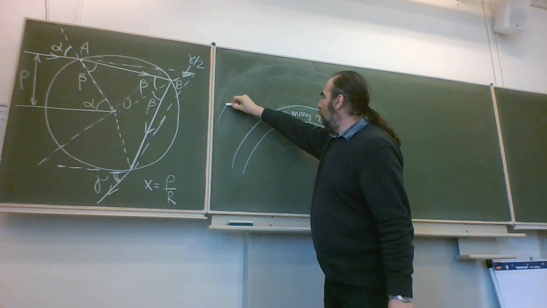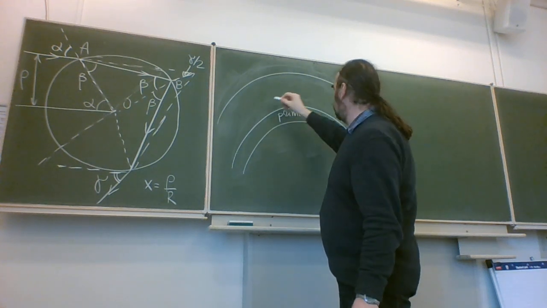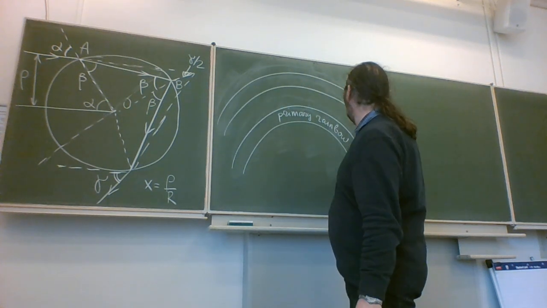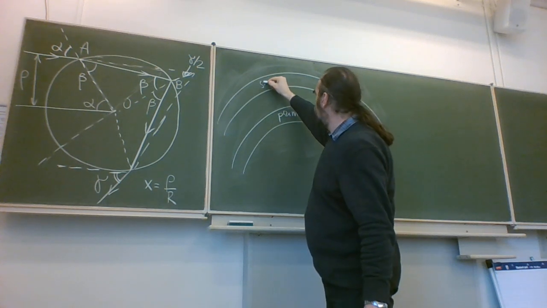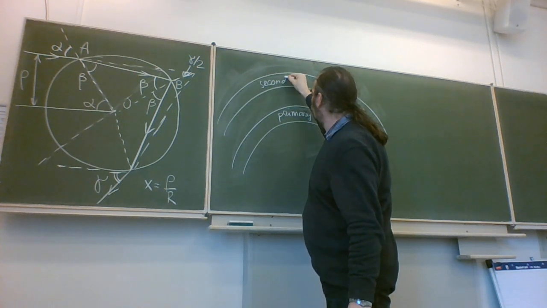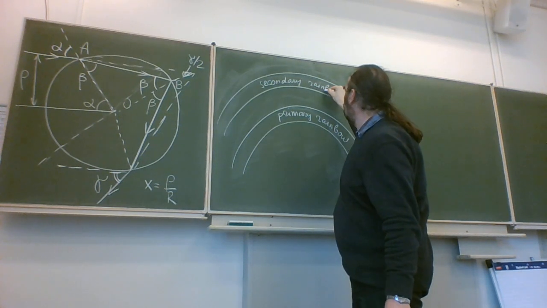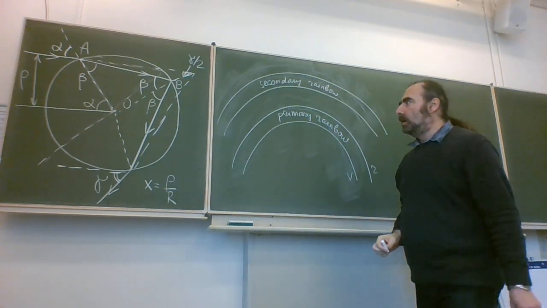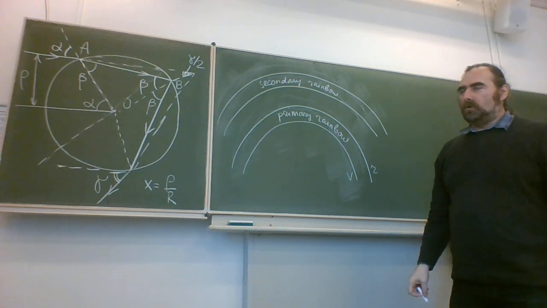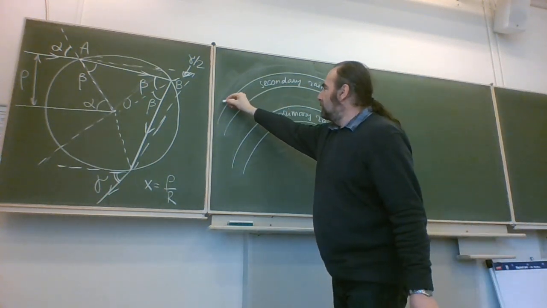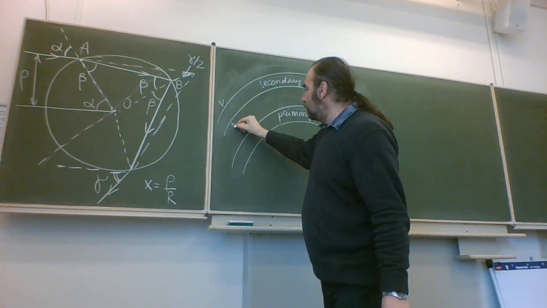That's a rainbow which appears on top of the primary. So that's the secondary rainbow. And it has the reverse order of colors. So it has violet on top and red on the bottom.